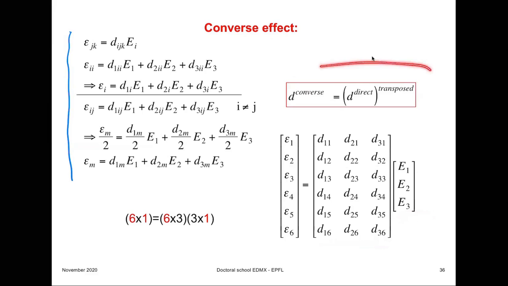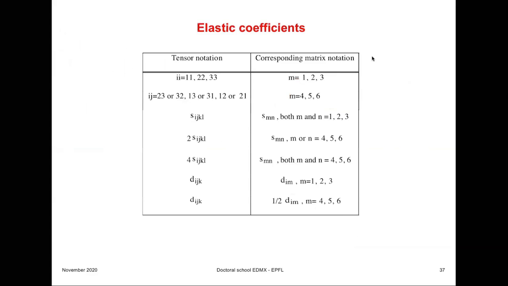Okay, so here is this statement that the matrix, the tensor of the converse effect is the tensor of the direct effect just transposed. If you compare this and the direct effect, you will immediately see that.